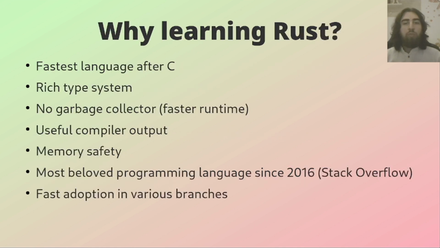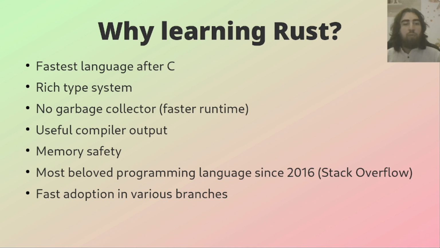So why would you want to learn Rust? Now there would be, I guess, 1,000 reasons, but I have put together some of the main ones. Rust is a really fast language in terms of execution time. It provides a rich type system. It doesn't have a garbage collector, which is part of the reason why it's so fast.